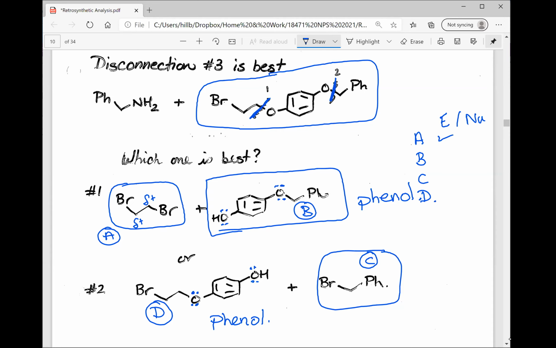Good. Okay, if we look at fragment B, is it an electrophile or a nucleophile? This oxygen's got some lone pairs, so we can attack.